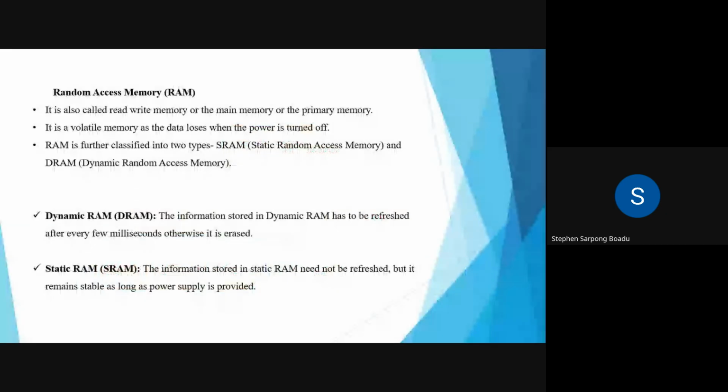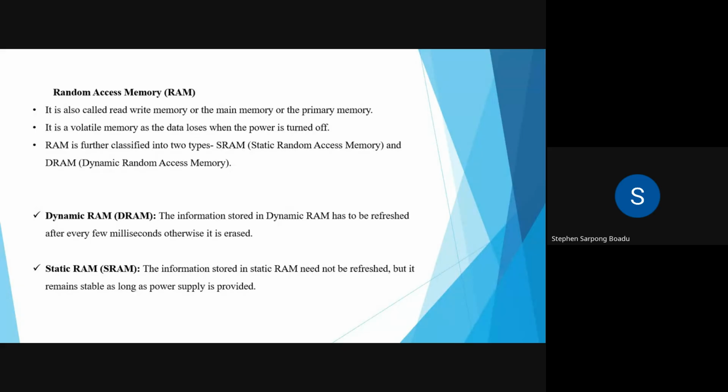All right. So we are still on the random access memory. The random access memory is also called read-write memory, or the main memory, or the primary memory. It's a volatile memory. The data is lost when the power is turned off, right?